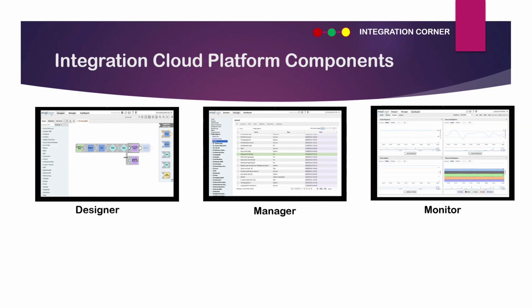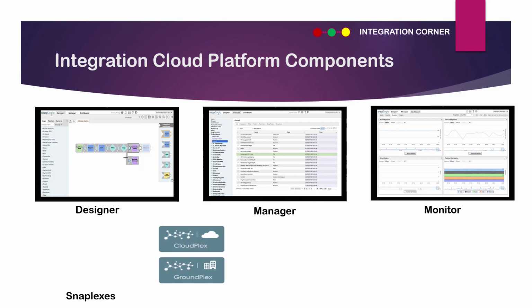Monitor is the third component, and monitor, as the name suggests, is a monitoring application. Again, this is hosted in the cloud, and from monitor you can actually visualize the performance of your workflows, and whenever there is an error, you can monitor them and debug them and gather enough information to fix them. The next part is Snaplexes. This is the actual runtime component where your pipelines will run.